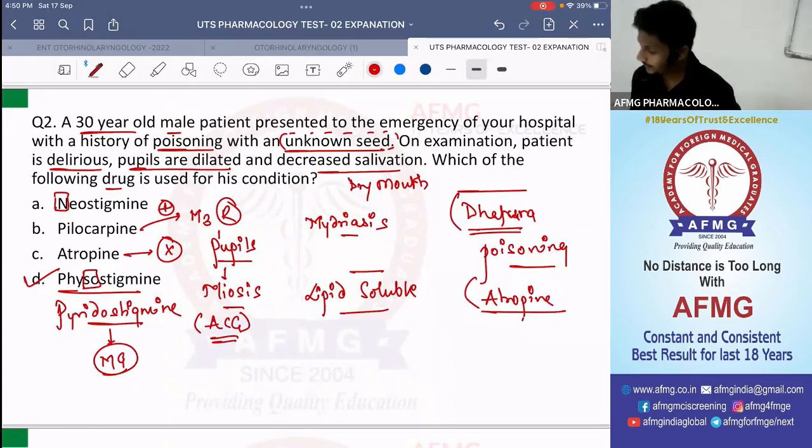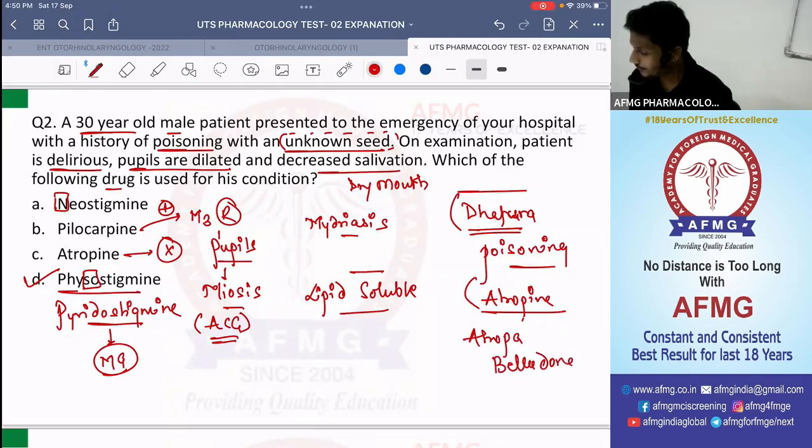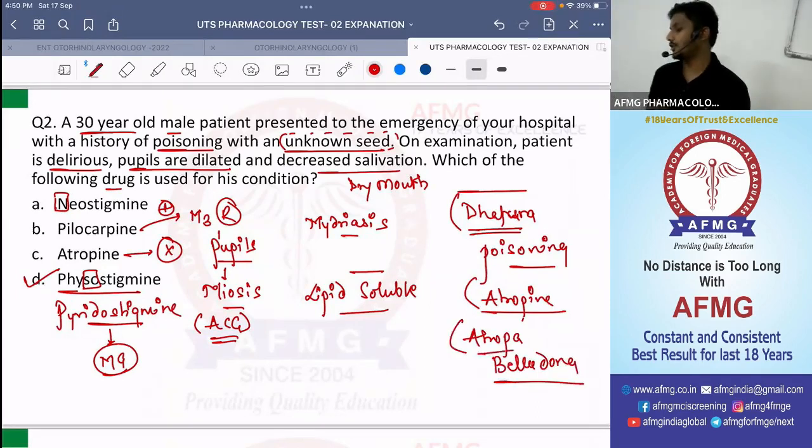So even if they say the poisoning is due to Atropa belladonna, your answer should remain the same, that is again physostigmine. So physostigmine is the drug of choice in three conditions. First, dhatura poisoning. Second, atropine toxicity. And last, Atropa belladonna poisoning.